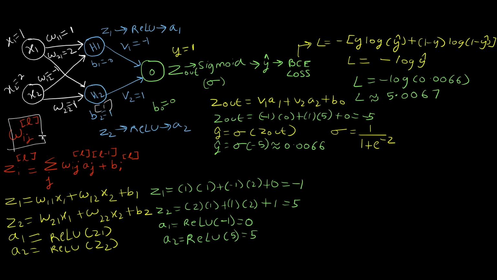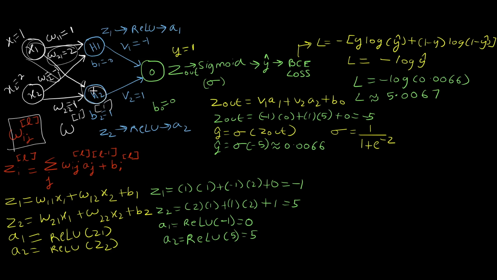If we take the example of this weight, going from x1 to the second neuron of the hidden layer, the layer it is going to is represented by L. So in the superscript we mention 1, because it's going to the first hidden layer, and j represents the neuron number in layer L to which it is going.